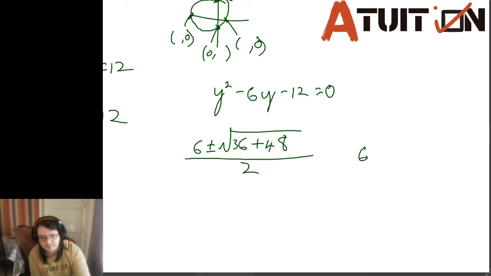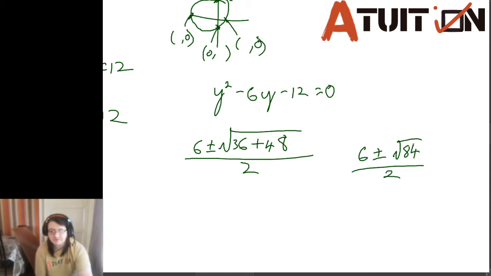So we've got 6. Alright, let me explain this a bit better. So this is 84. So we've got 6 plus or minus the square root of 84 over 2.